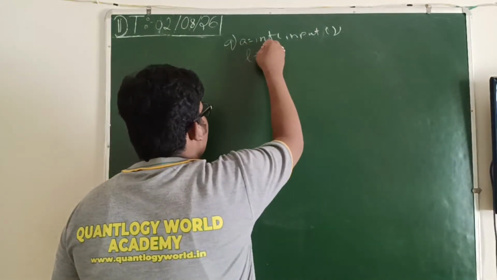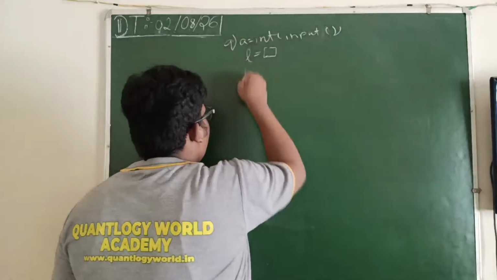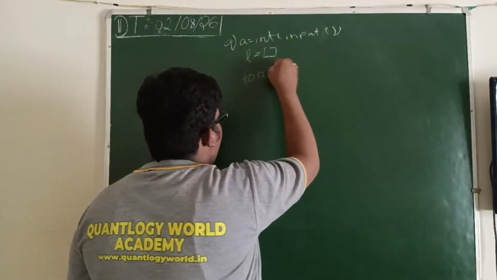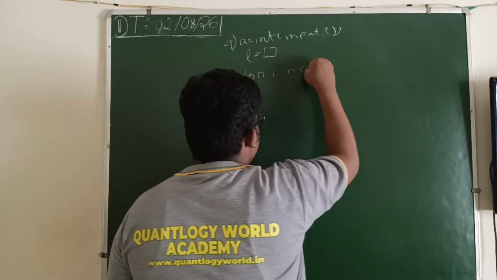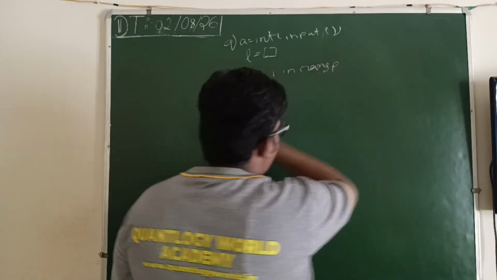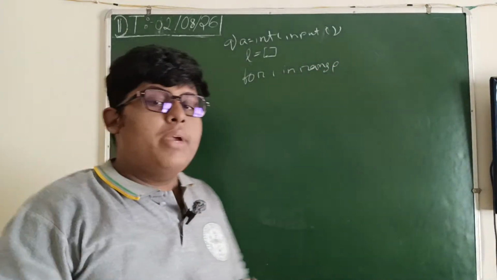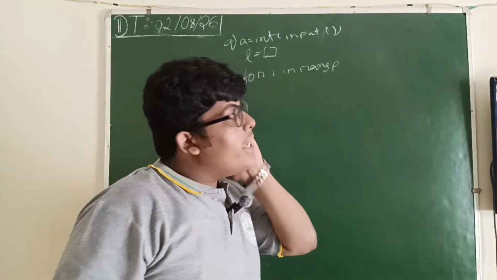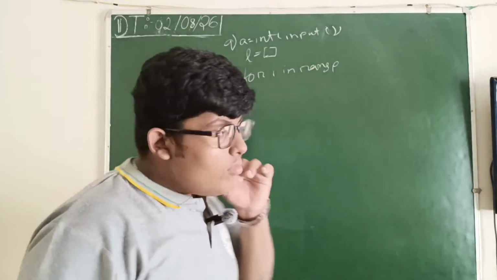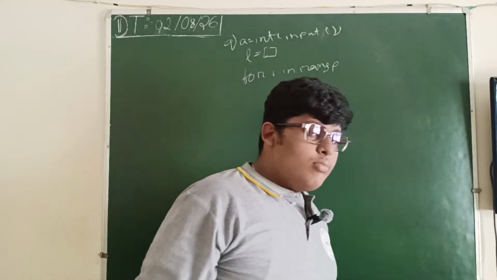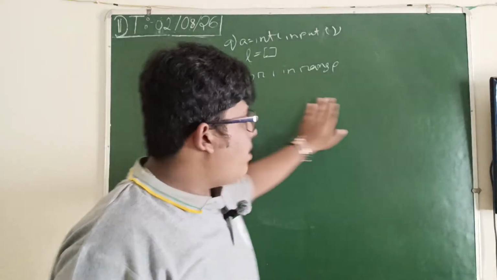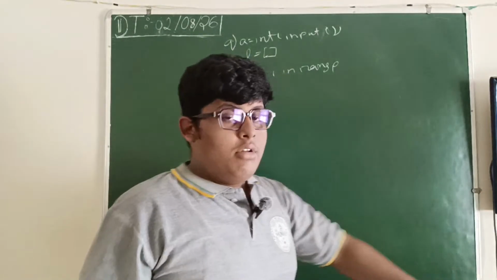L equal to square brackets, and for I in range. This for loop statement will always remain the same whenever factors are asked in the question.